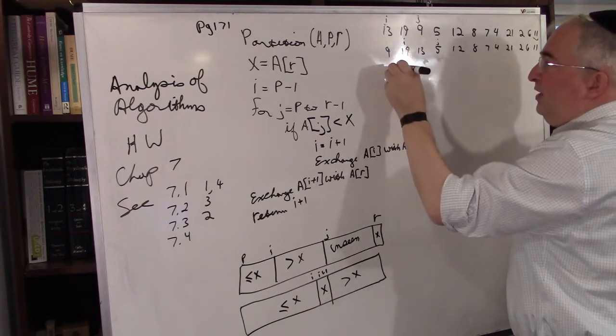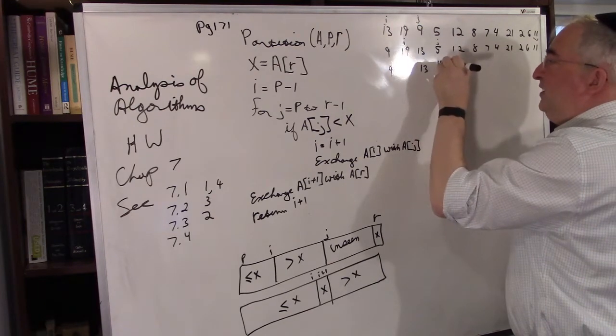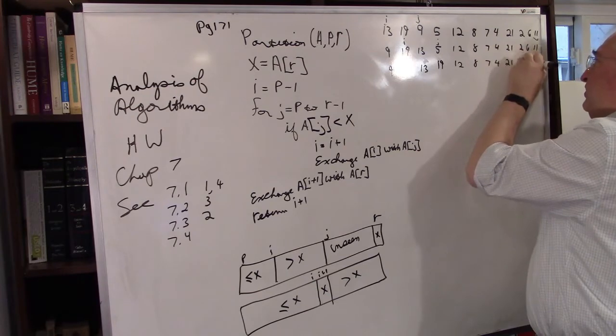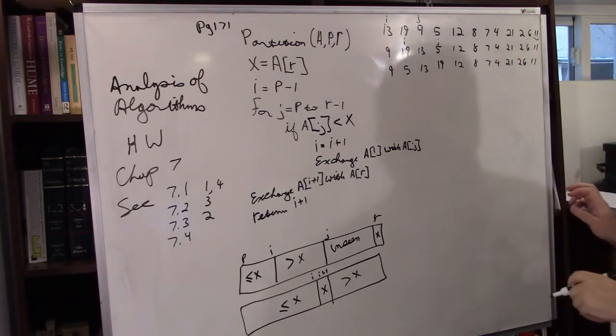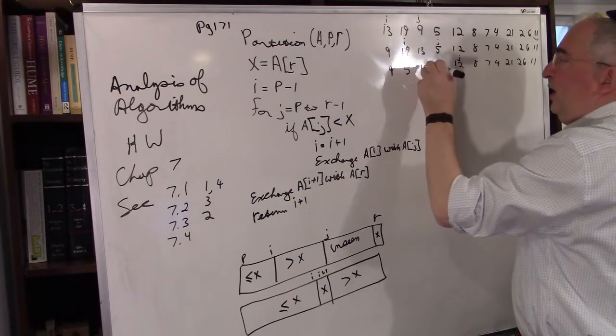You ready? So it's 9, 5, 13, 19, 12, 8, 7, 4, 21, 2, 6, 11. Okay, great. Now we do J. Here's I.